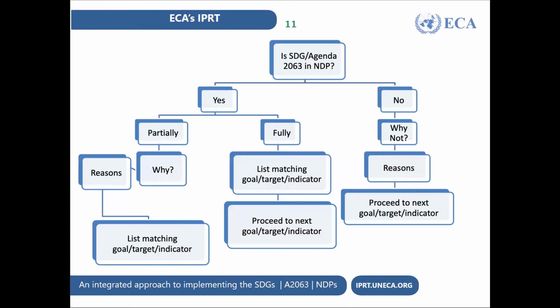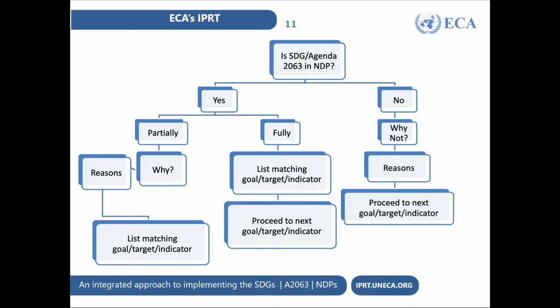This schematic structure shows some of the inbuilt structure of the toolkit. At the highest level, it asks whether a specific goal or agenda is in the national development plan.